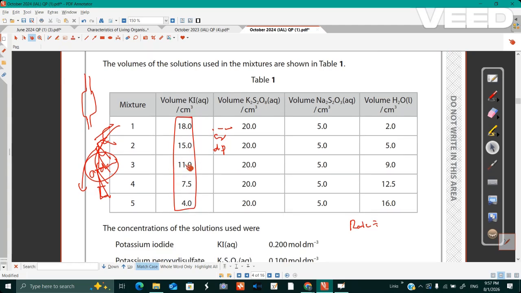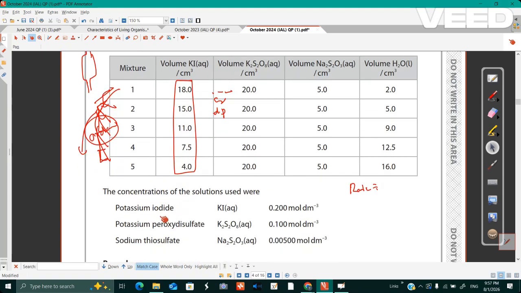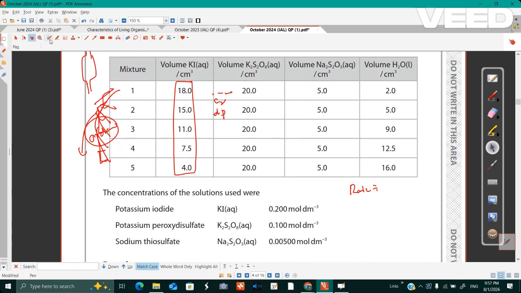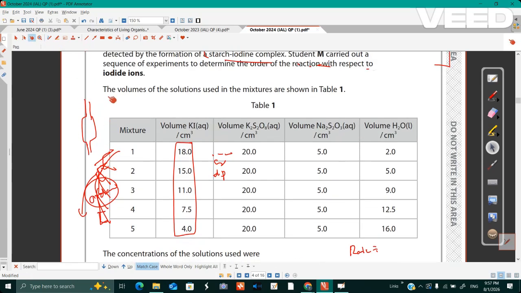So you must multiply this with the dilution factor, right? The volume is 11. The concentration is also given there.